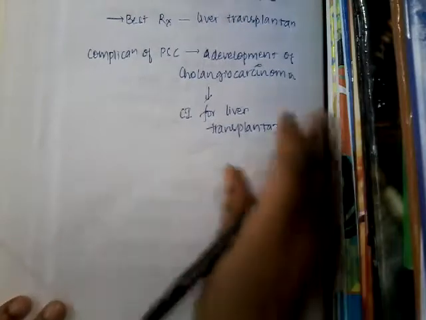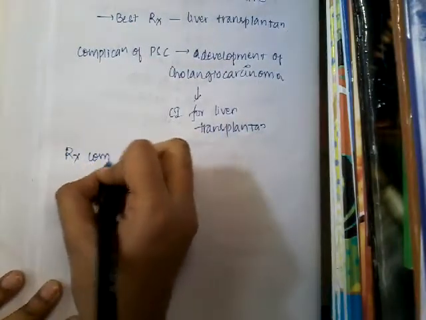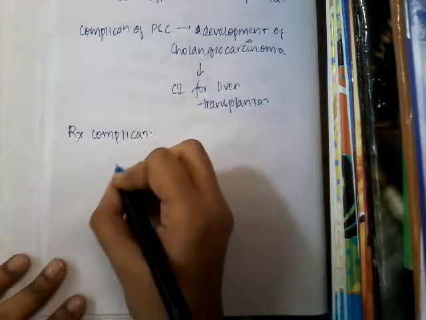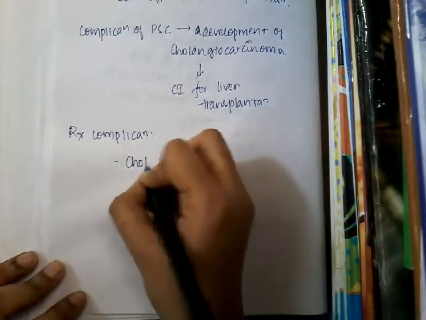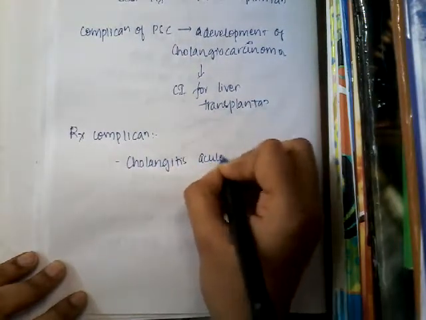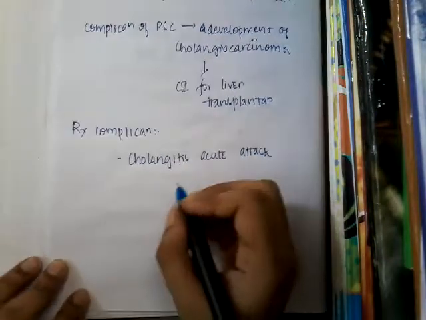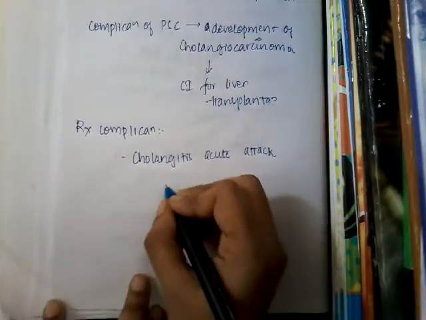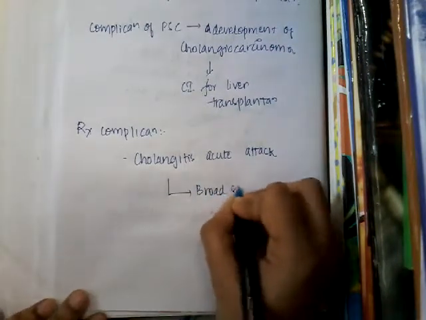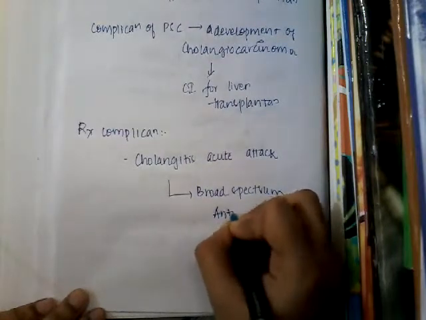Then management of complications, how to treat the complications. For complications, if there is an acute attack of cholangitis, then always use broad spectrum antibiotics. Okay.